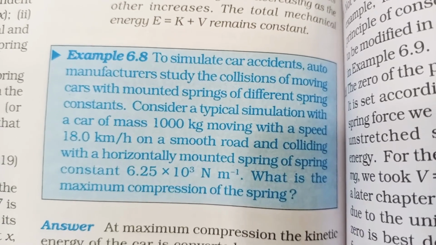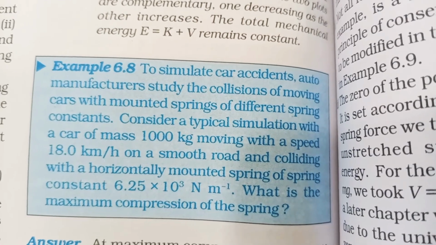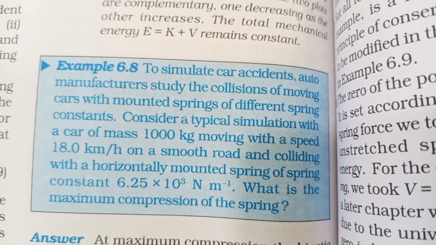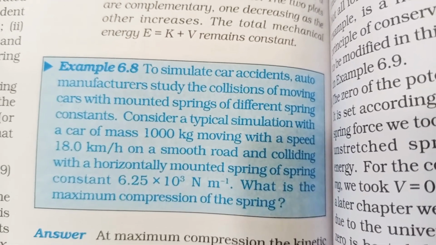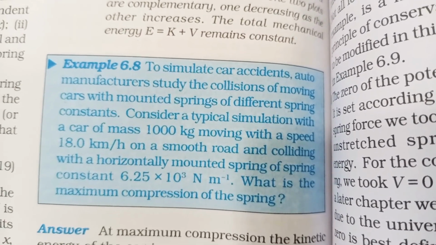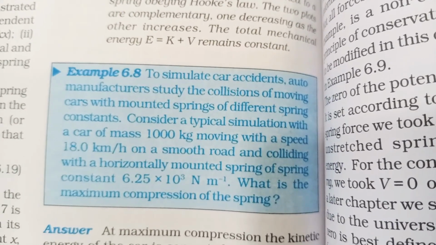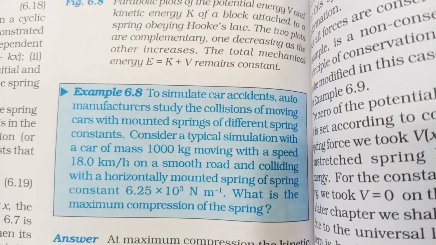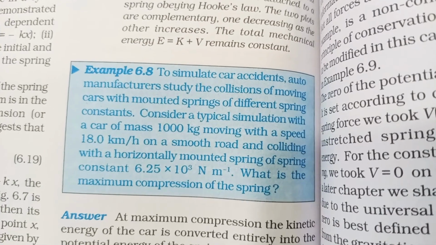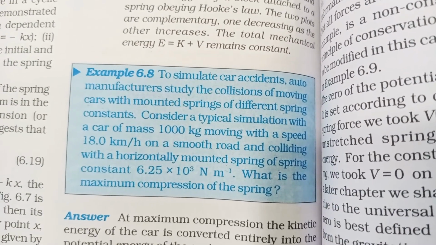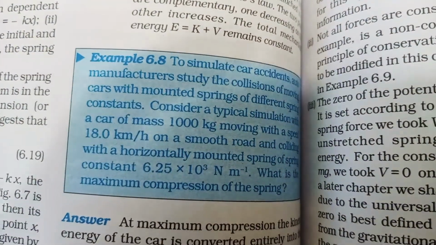Consider a typical situation with a car of mass 1000 kg moving with a speed of 18 km per hour on a smooth road and colliding with a horizontally mounted spring of spring constant 6.25 × 10^3 Newton per meter. What is the maximum compression of the spring? This we have to discuss.